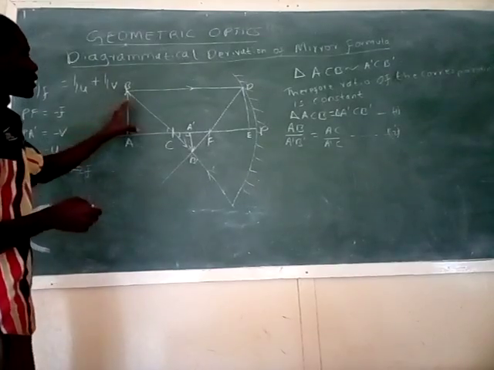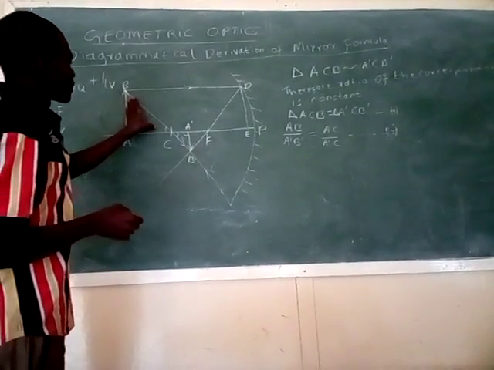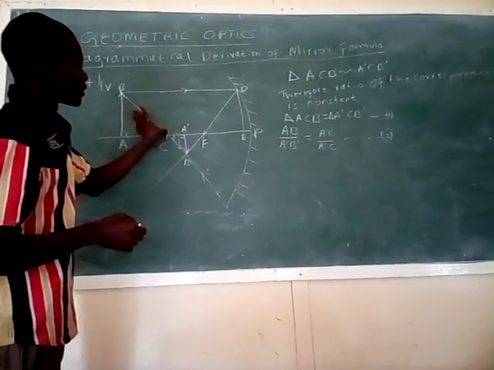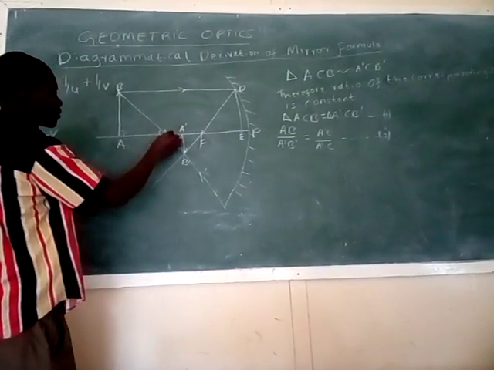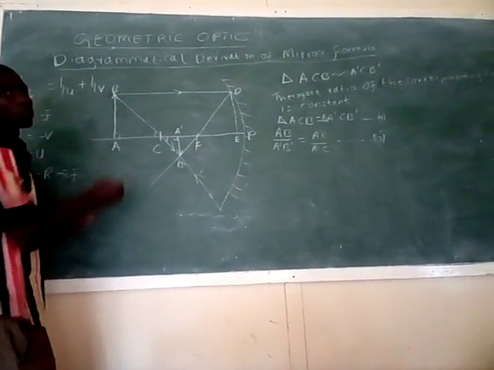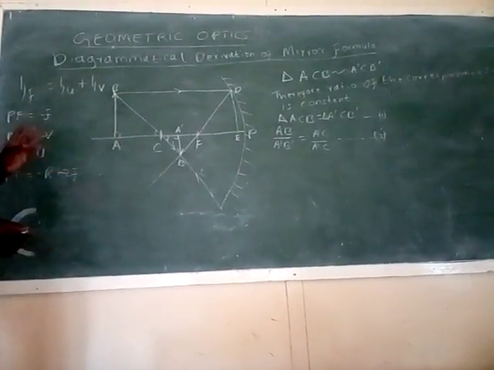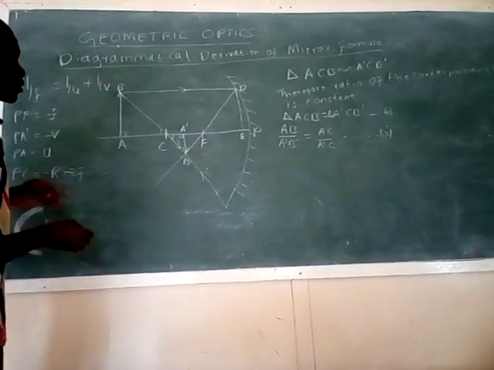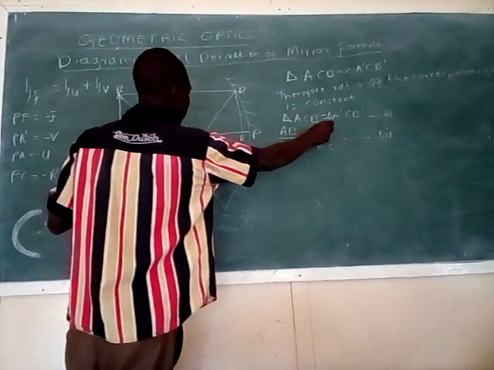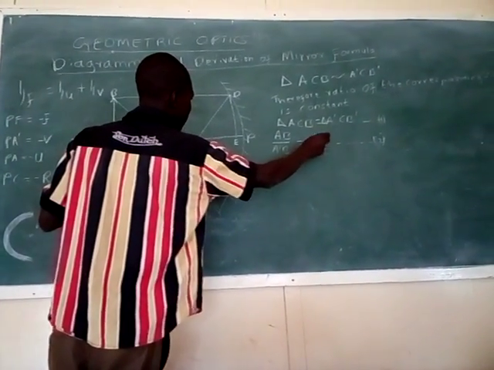You see, this one has been enlarged, so it is bigger than this one, but it makes sense because this angle and this one are the same, and this one is also the same as this. Of course, this one is going to be the same too, because angles inside triangles always add up to 180 degrees. So we have AB over A prime B prime equal to AC over A prime C.